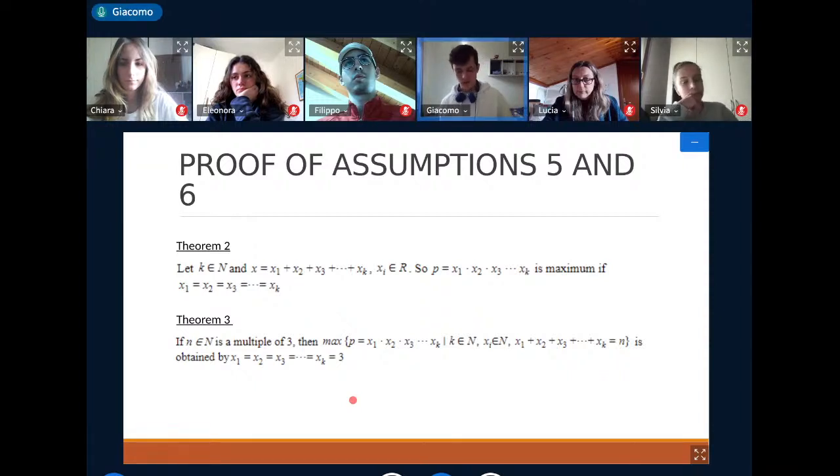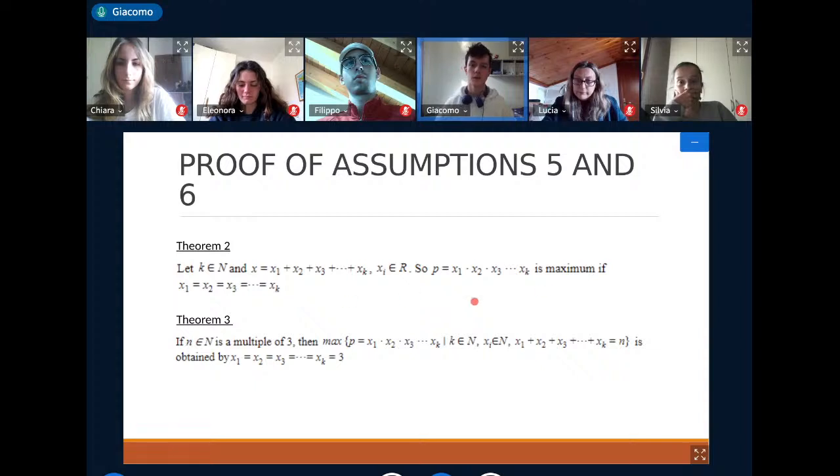And about assumptions 5 and 6, we got that, having a natural number k, and x as the initial number, x can be considered as the sum of all the k addends.